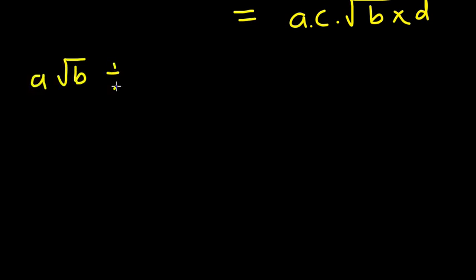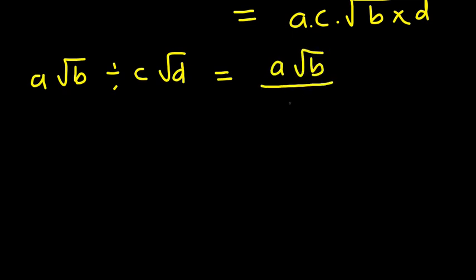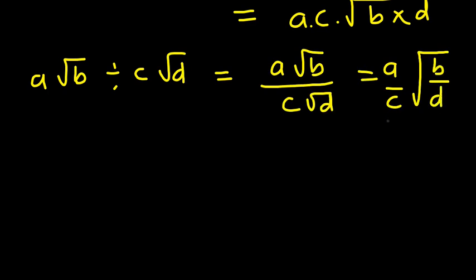Okay, let's see if we can find another one. We can have a root b divided by c root d. This is the same as a root b over c root d. Of course, we can further simplify it as a over c times root b over d.